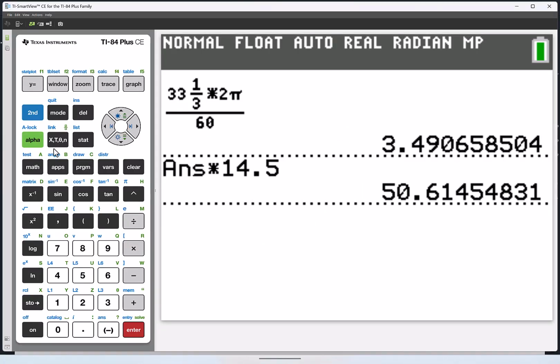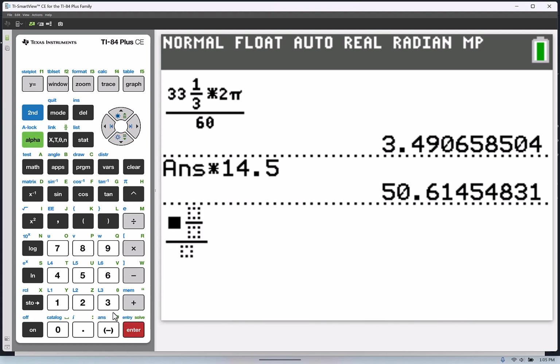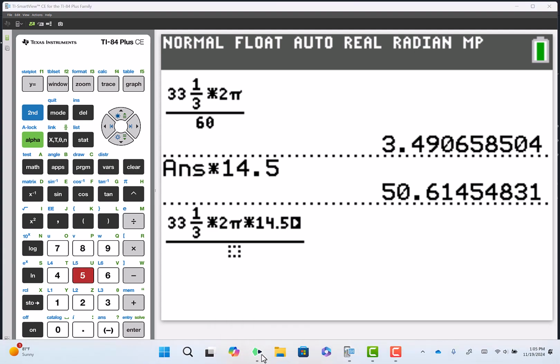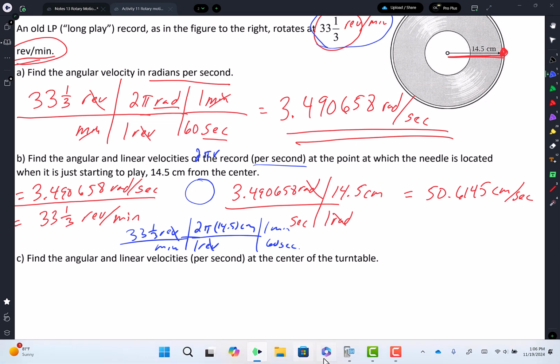Watch. Enter 33 and 1/3 times 2 pi times 14.5. Let's see, what else do I have? 33 and 1/3, 2 pi, 1 minute, and then the bottom 60 seconds.